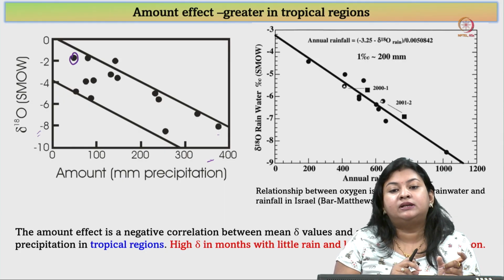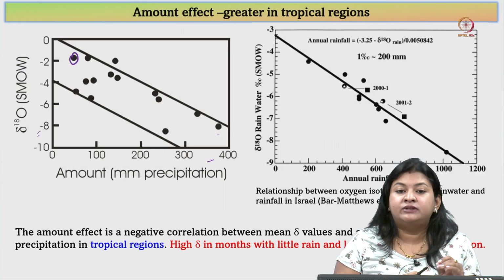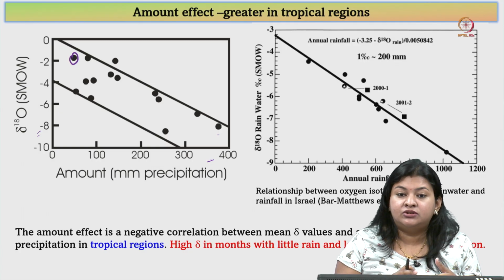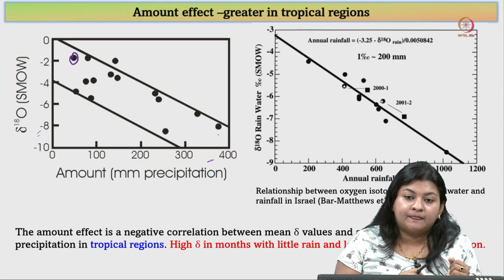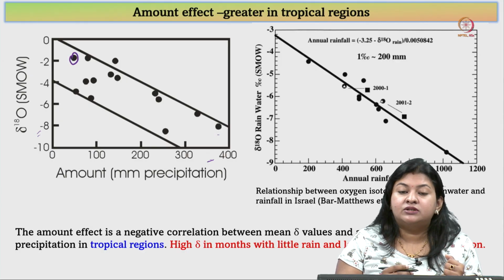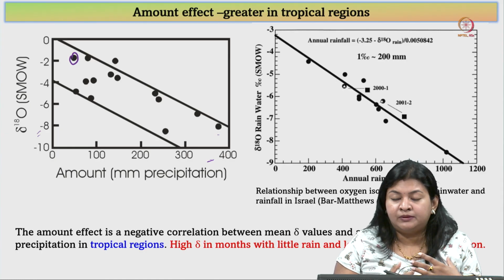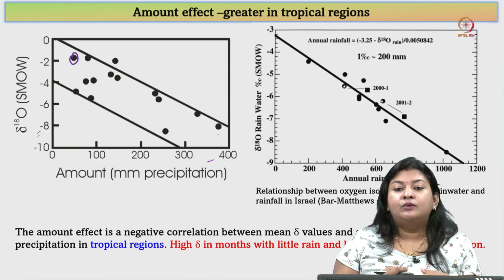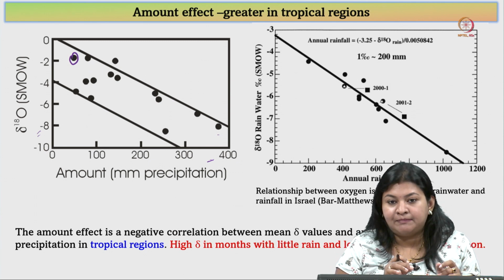This phenomenon or observation is called the amount effect, and it is mostly seen in the tropical regions and the subequatorial regions, because here you receive a lot of rainfall as compared to the more temperate regions where we do not expect a lot of rainfall to happen.